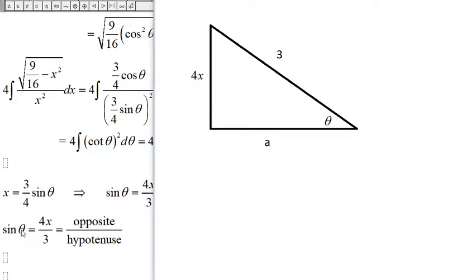So we have sine of theta is 4x over 3. This is the angle theta, opposite over hypotenuse. So the opposite side will be 4x. The hypotenuse will be 3. And we need to figure out the adjacent side.